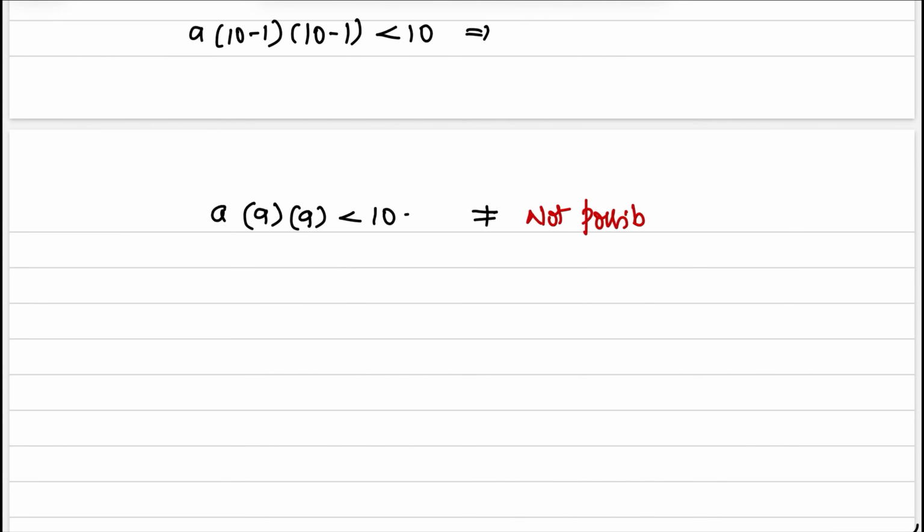That means there is a restriction for the value of P and Q. Because we wanted a plus b plus c to be less than 10. That means a into p minus 1 into q minus 1 should be less than 10. And p and q are prime numbers. That means positive integers, prime numbers.